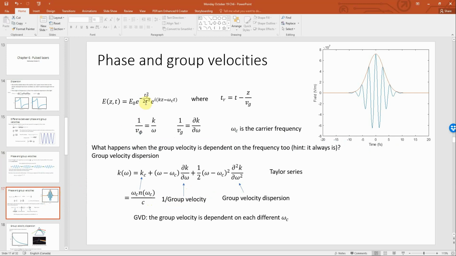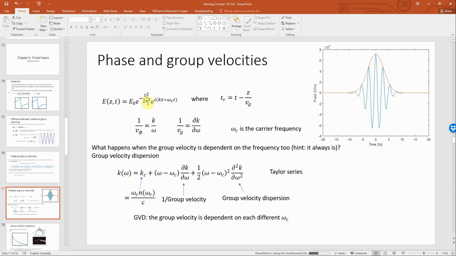So an example would be a Gaussian pulse. This is probably going to be the most common envelope that we'll encounter in this course, and as you would encounter for most pulse shapes, it would be Gaussian, just because it has nice Fourier transform properties.